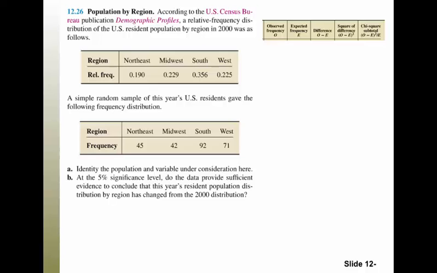So here's U.S. population by region: Northeast, Midwest, South, and West. And then it said a simple random sample gave these values.